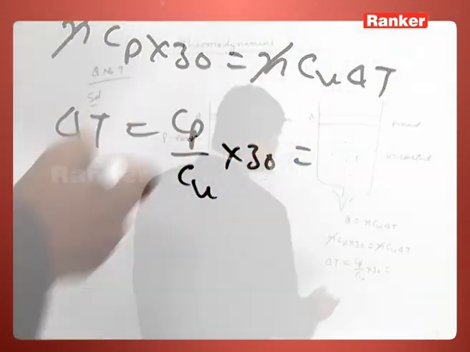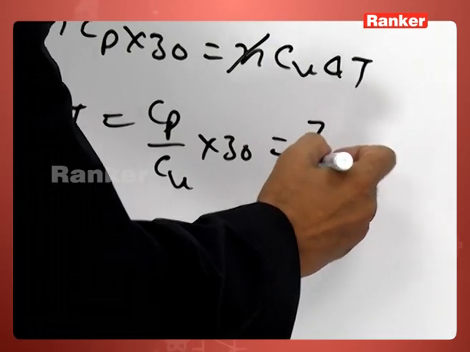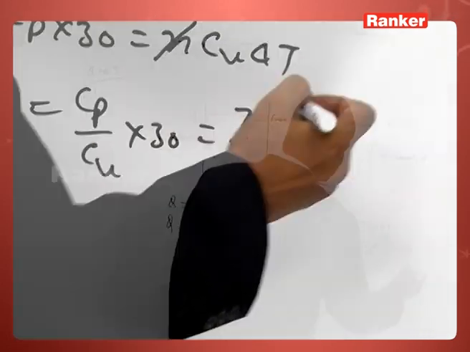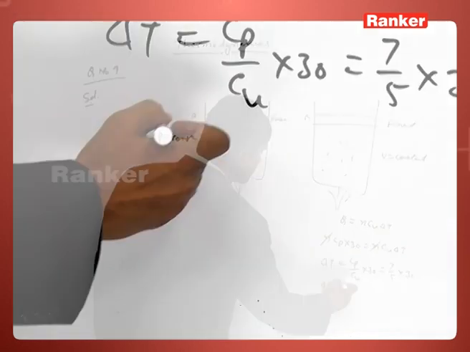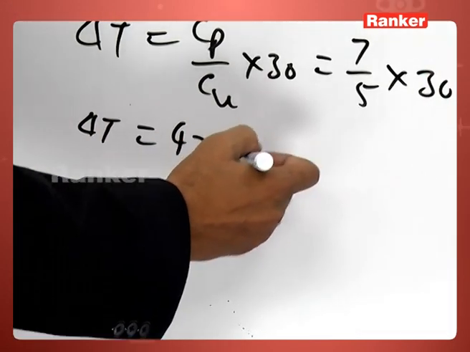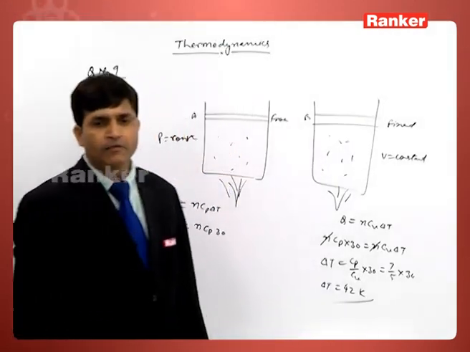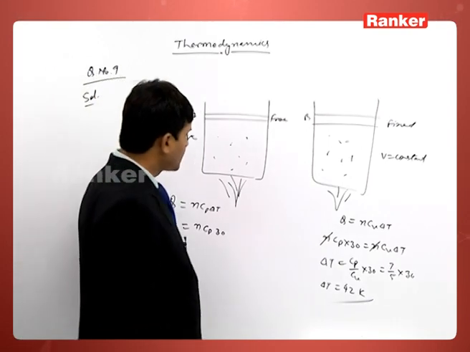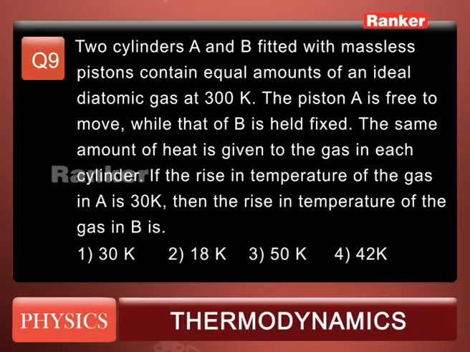For diatomic gas, Cp by Cv is 7 by 5, into 30. So delta T is 42 Kelvin, and 42 Kelvin is option number 4. So the answer is the fourth option.